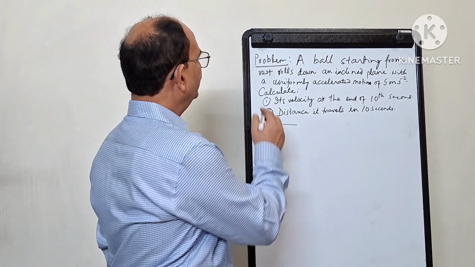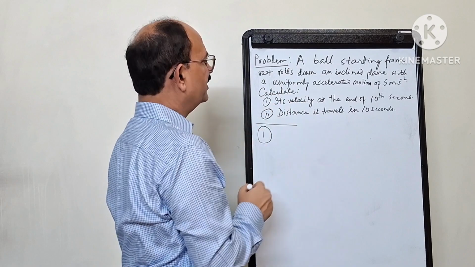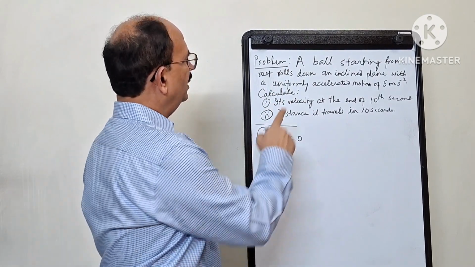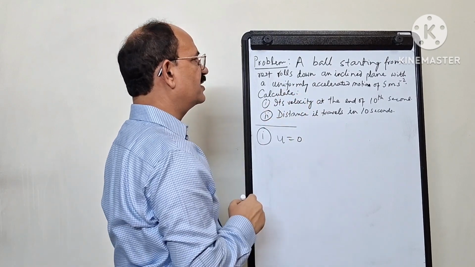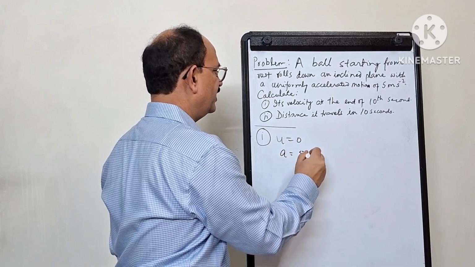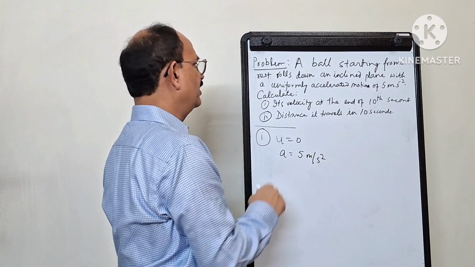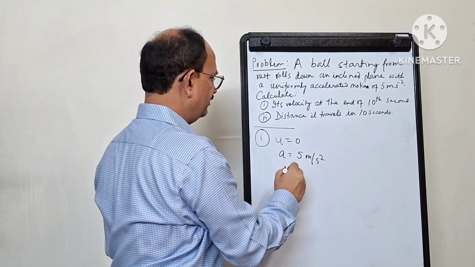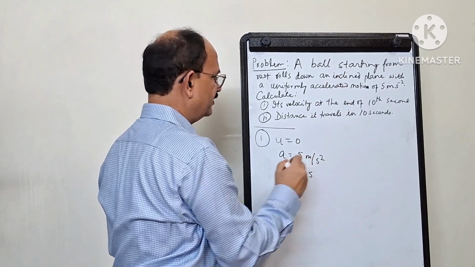First part, what is given? Ball is starting from rest. It means the initial velocity u is equal to 0. And it is having uniformly accelerated motion of 5 meter per second square, means acceleration is 5 meter per second square. We have to calculate its velocity at the end of 10th second, means time is equal to 10 second.